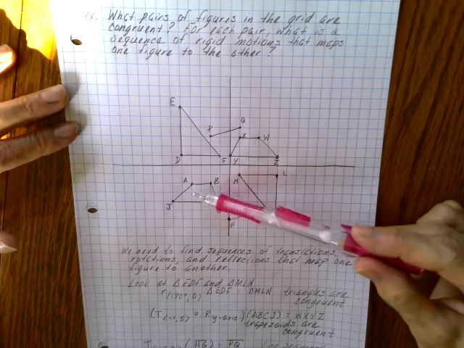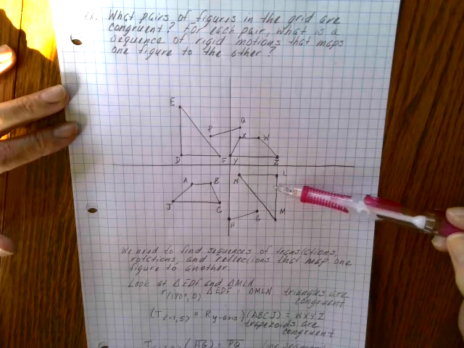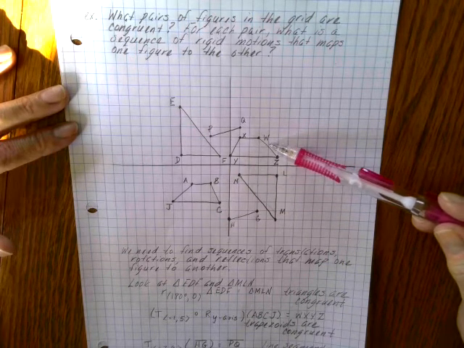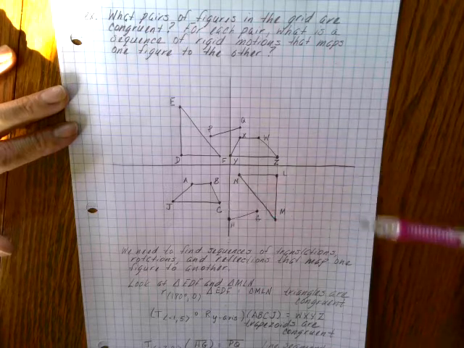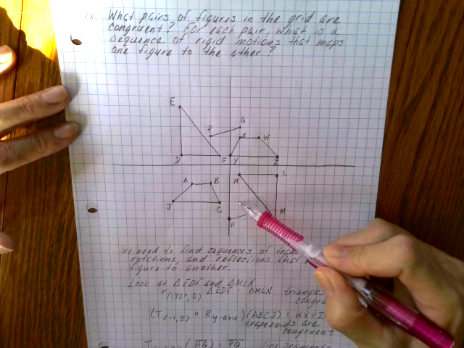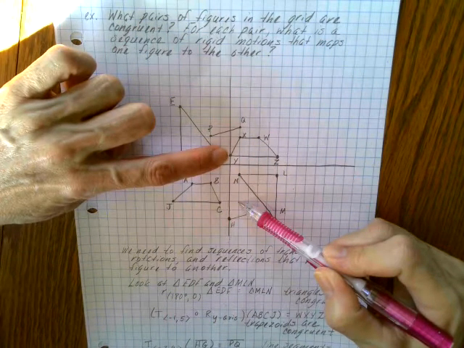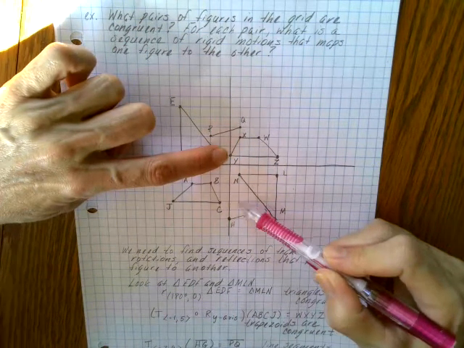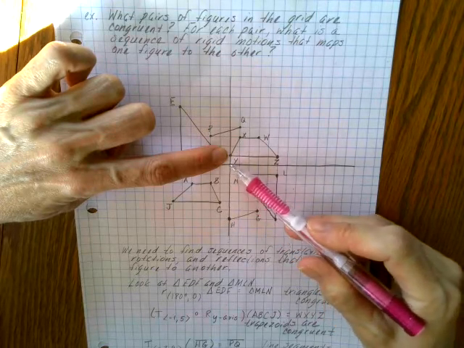I'm going to reflect it over the y-axis, and then I'm going to move it up. When I reflect it over the y-axis, my C will actually be at this location. But I don't want it at that location, because when you look here, it has to be on the y-axis. So I have to move it left 1 and up 1, 2, 3, 4, 5.